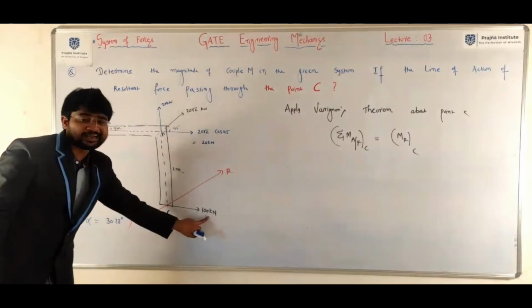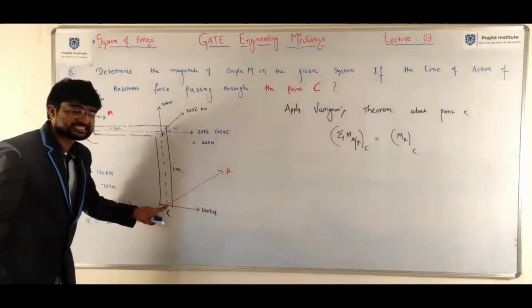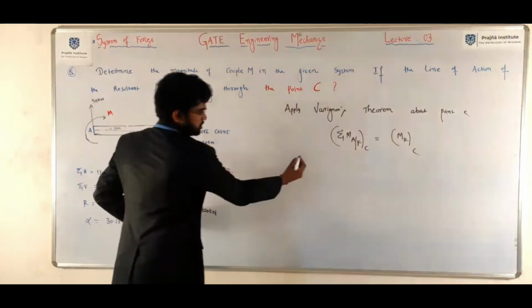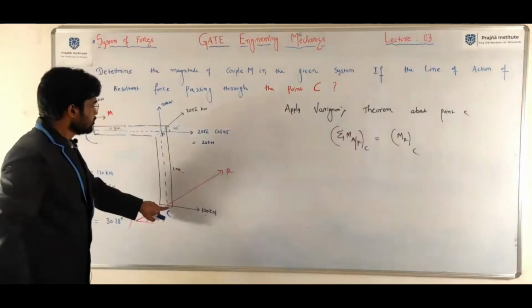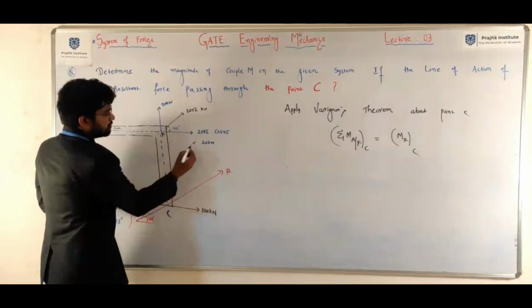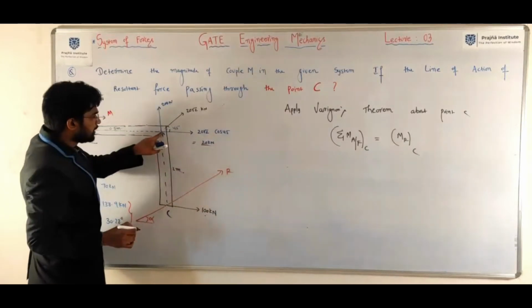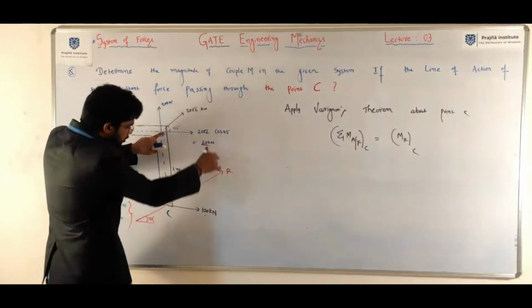Moment of 100 kilonewton about point C equal to 0. Okay? Next, moment of 20 kilonewton about point C.